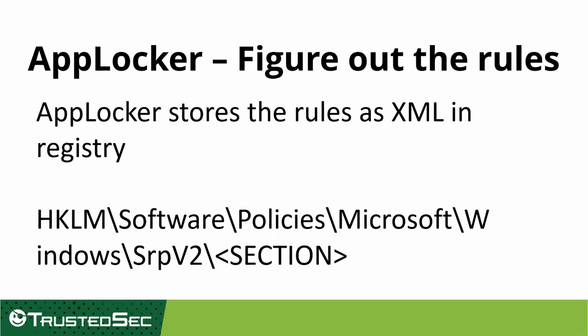So you have an EXE section, DLL section, script section, and so on and so forth. Under each of these, the rules are in a value, so you can read out the different values. I will show you how to extract that in a bit, so you can take it offline and look at the rules without doing it actively on a client.